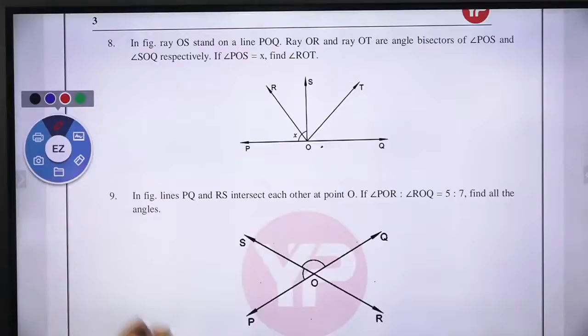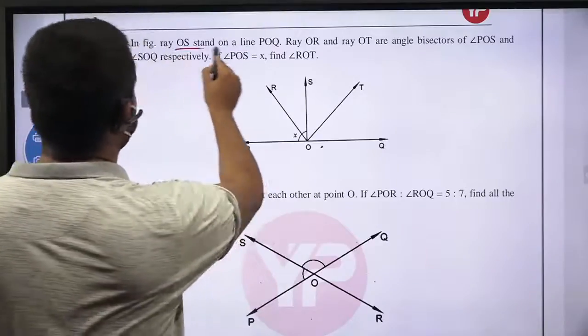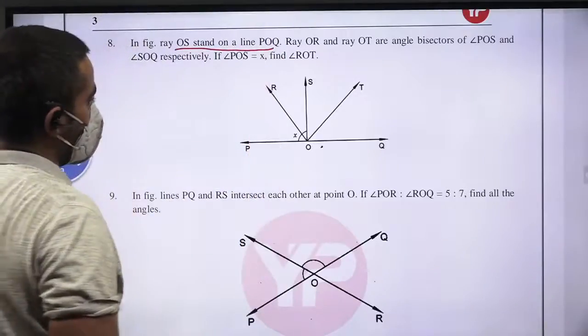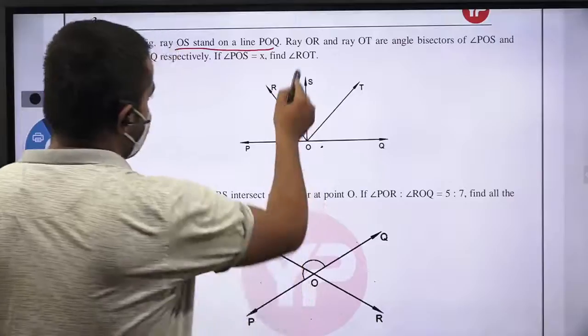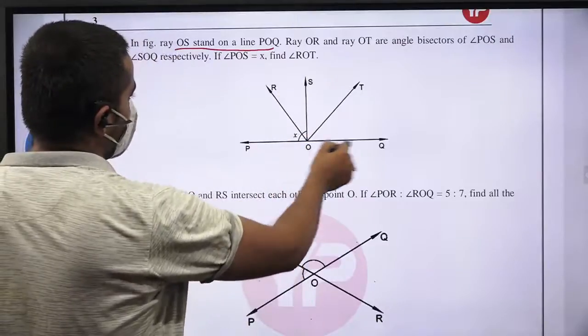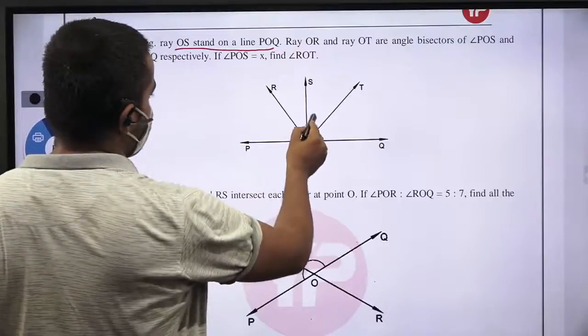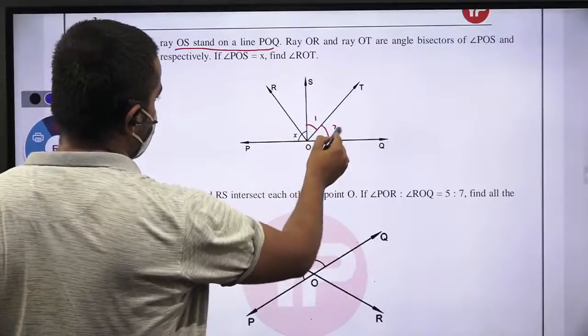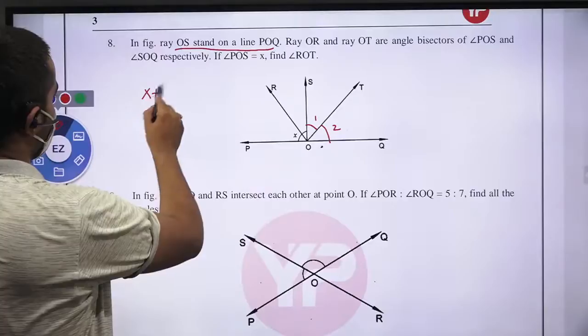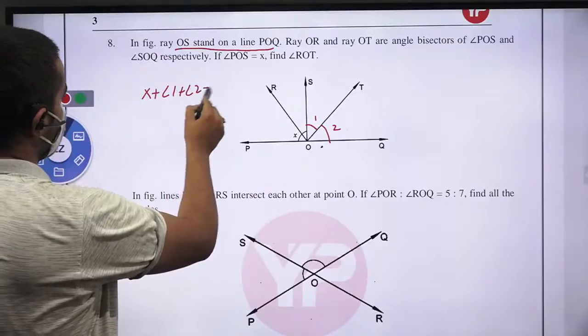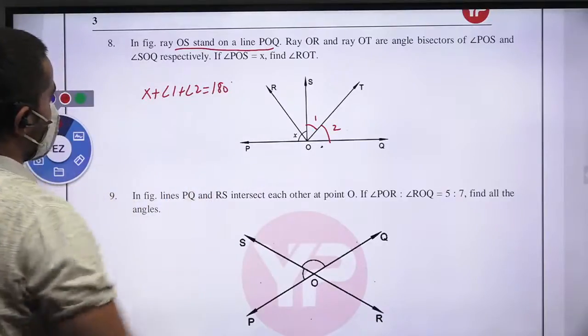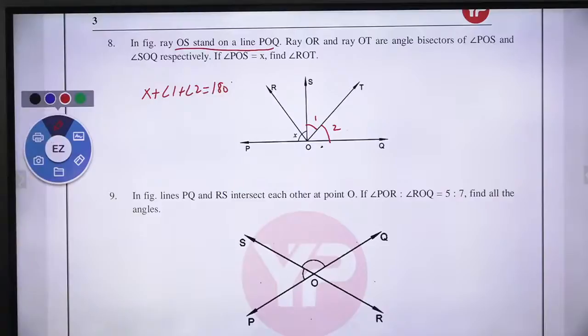See, ray OS stands on a line POQ. So let's make this angle 1 and this angle 2. So x plus angle 1 plus angle 2 is 180, since it forms a linear pair.